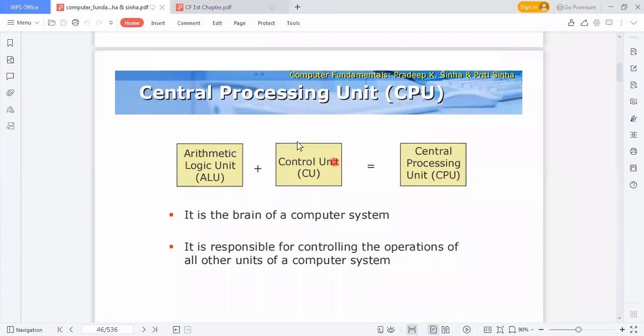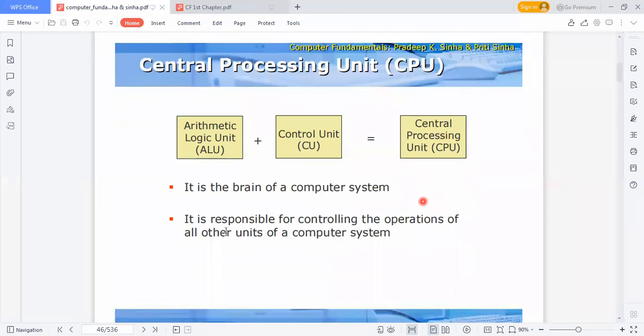Combined, this is called the central processing unit, and it is the brain of a computer system. Remember it, because all functions of a computer system are performed by this part. It is responsible for controlling the operations of all other units of a computer system.